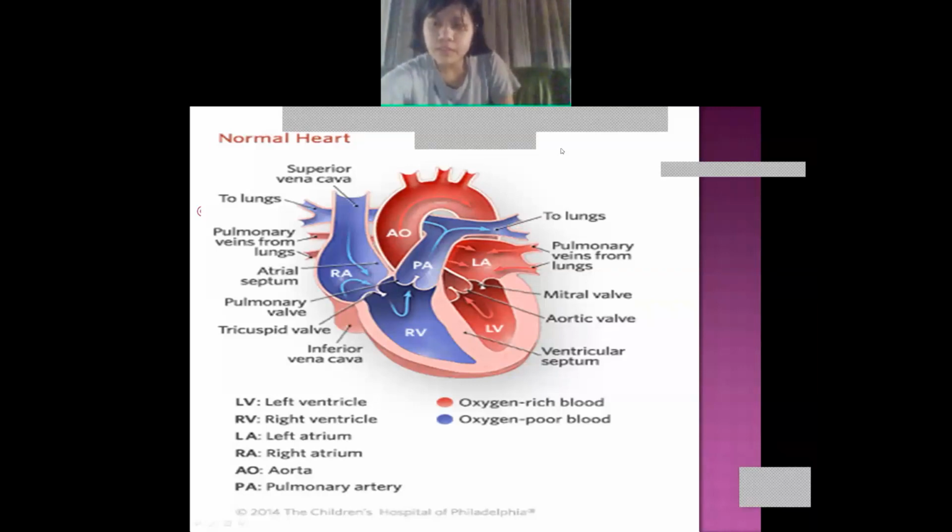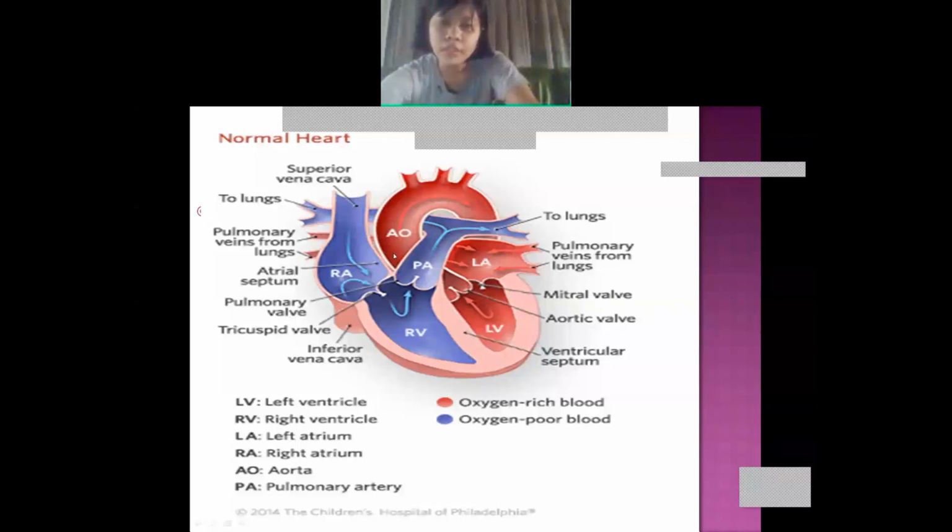And the heart is divided. I mean, these chambers are divided. Here there is a septum. Septum means what? The division between the chambers. So the first division, where the heart divides into different chambers, is the atrial septum.